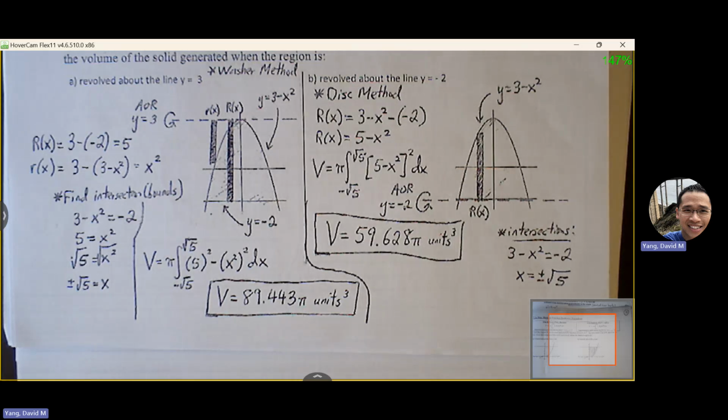So make sure that you're squaring your big R apart from your little r.